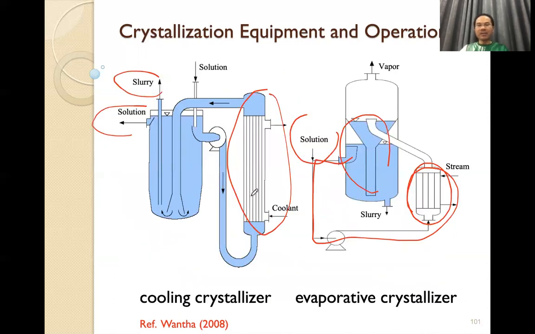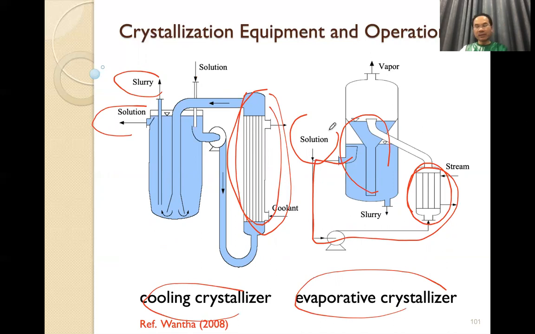And this is commonly used in the evaporative crystallizer and cooling crystallizer. And also for this one, we have the external heat exchanger. This is the external heat exchanger. We use coolant water, the colder water, to remove the heat from the solution for the cooling crystallizer. For this case, we use steam to add heat to the crystallizer.